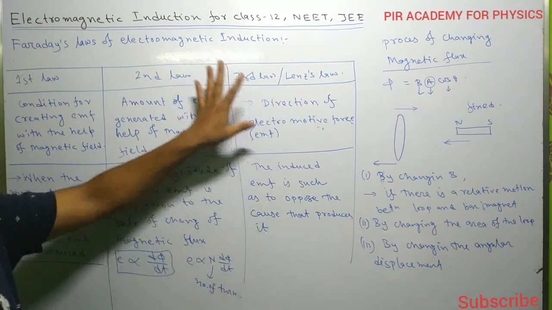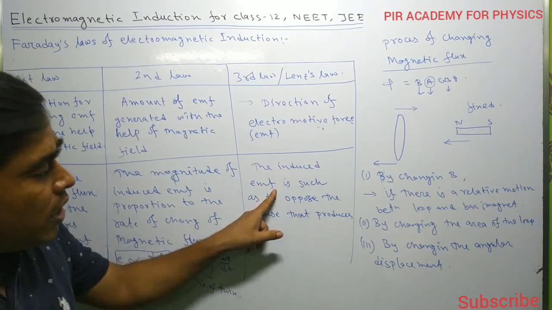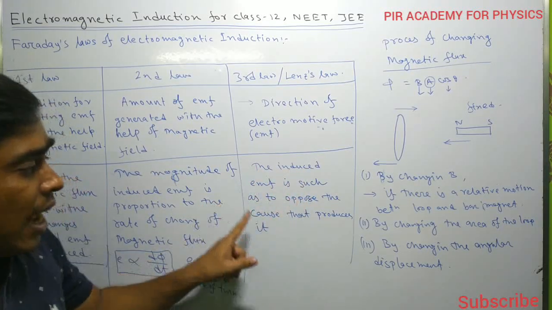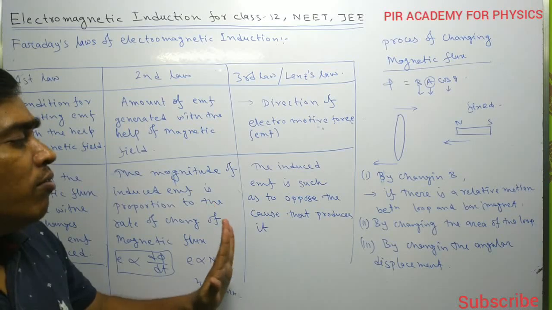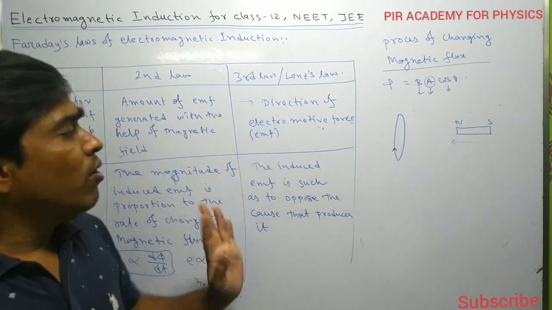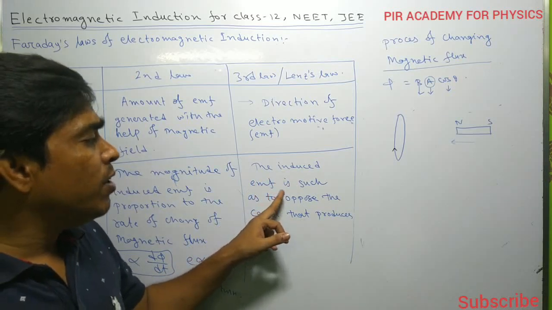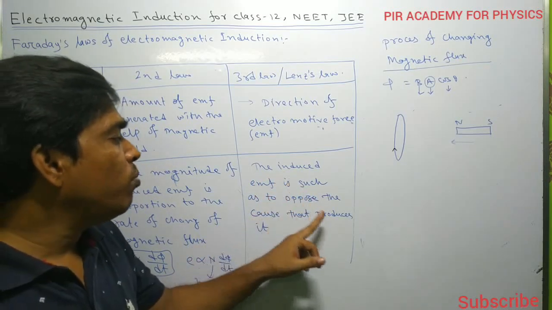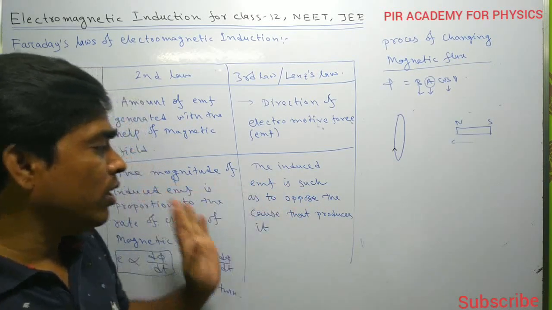Third law, or Lenz's law, states that the induced EMF is such as to oppose the cause that produces it.